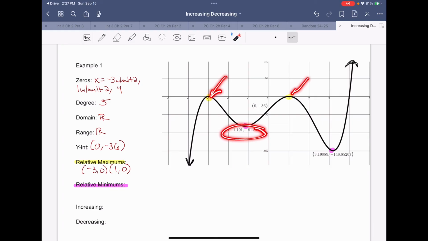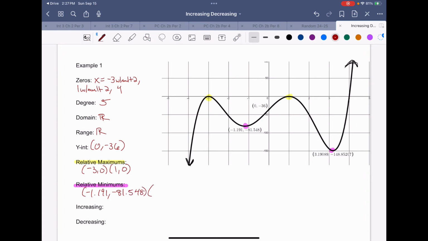Anything that you can see is an important point. So there is no set number of how many mins, relative mins or maxes there might be. All tops of hills and all bottoms of valleys.